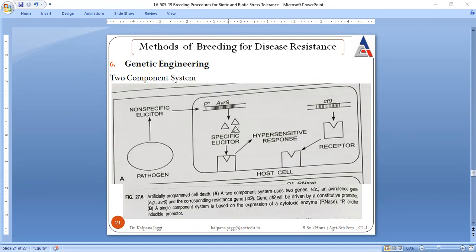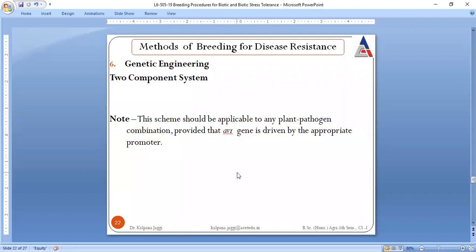It will release a certain elicitor that in turn is recognized by the R gene, and quickly they will produce the hypersensitive response. So here two components are precisely matched, and then they play a major role in programmed cell death that is artificially produced. Now we will talk about the one component system.